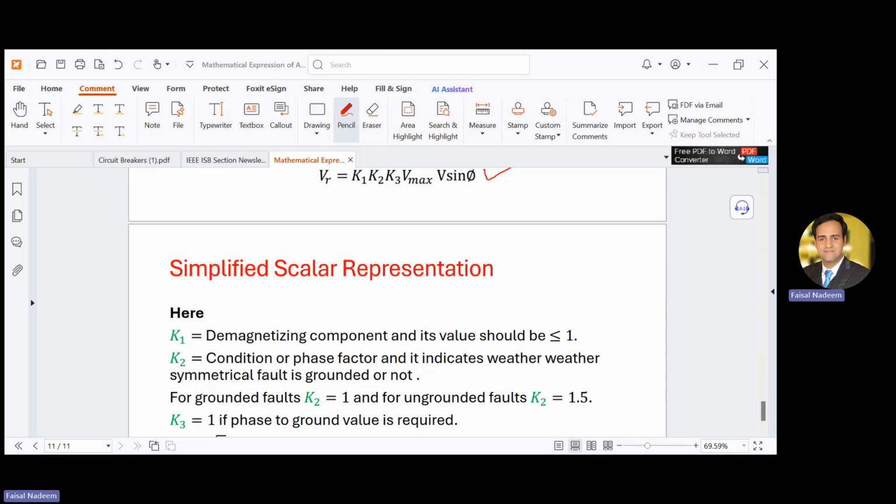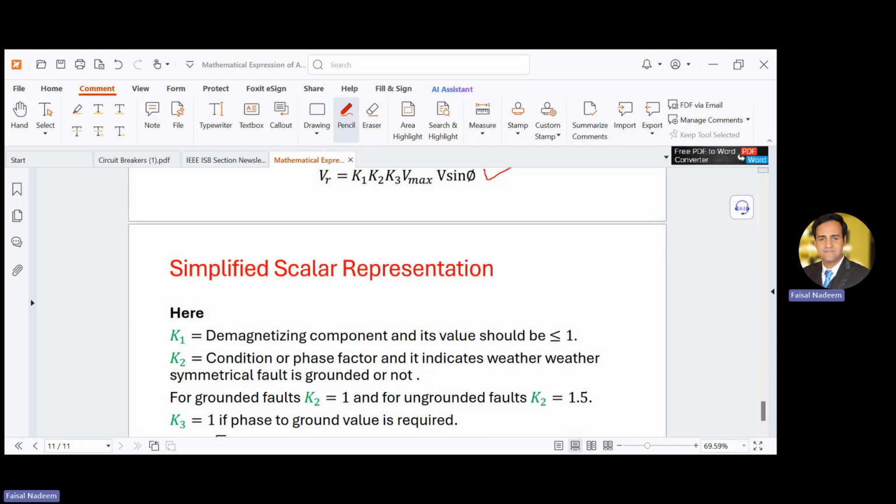However, if the demagnetizing factor is included, it is likely due to specific conditions involving transformer-fed faults or switching transients, where magnetic core saturation, residual magnetism, or inrush phenomena affect the voltage recovery.